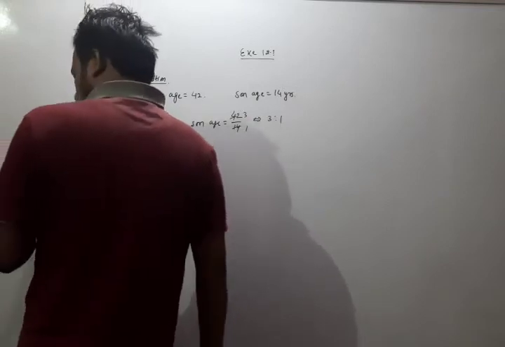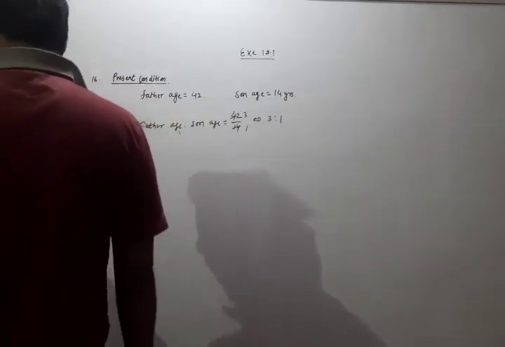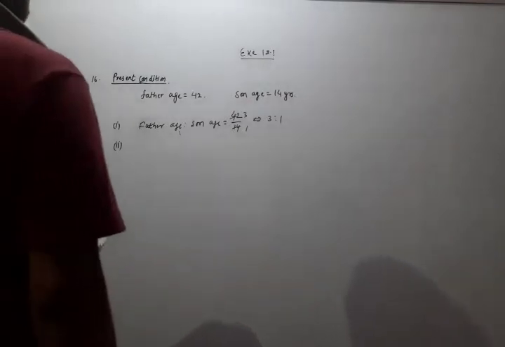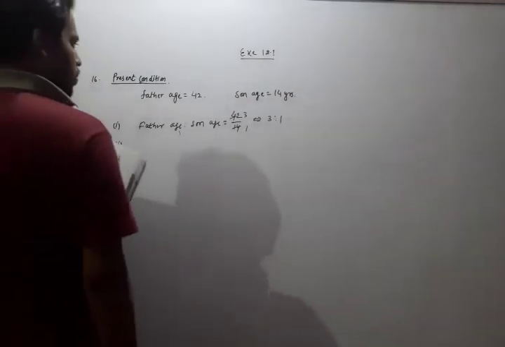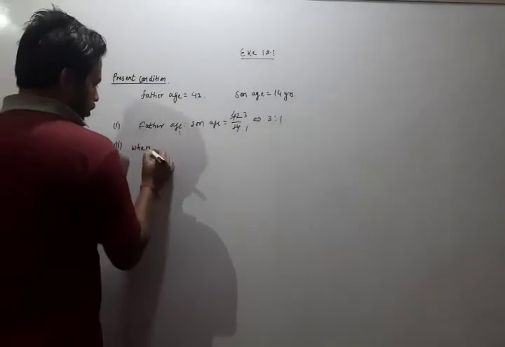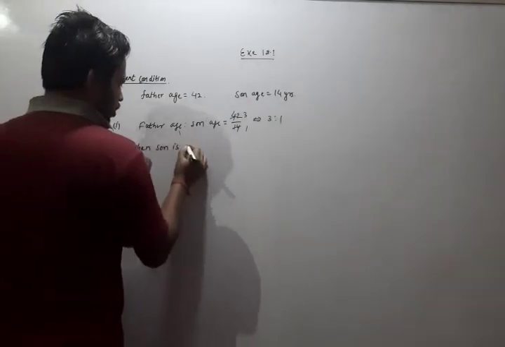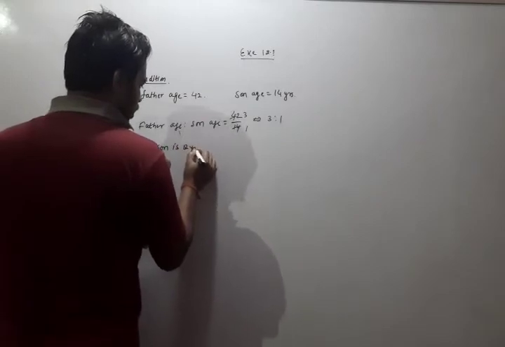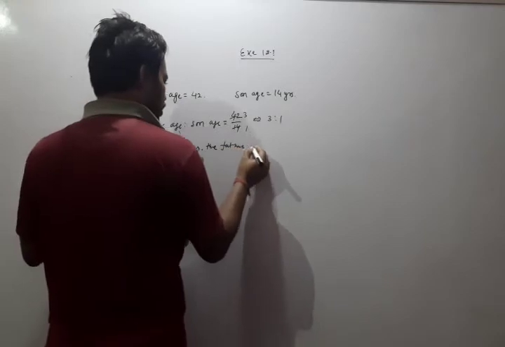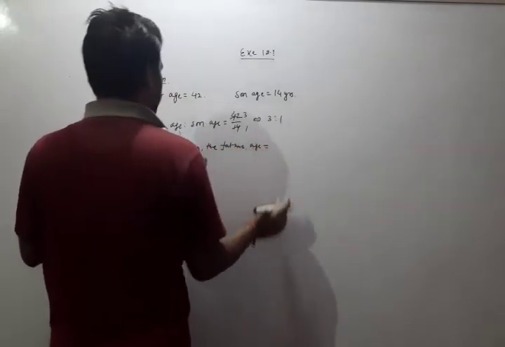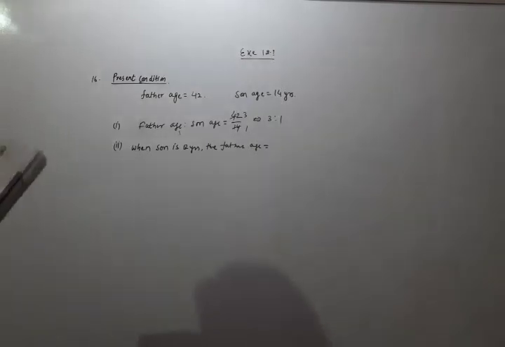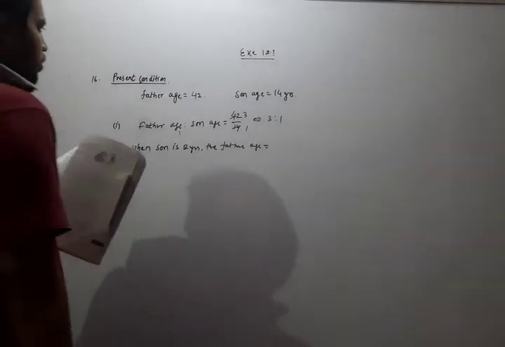Second, age of father to the son when son was 12 years old. When son is 12 years, then father's age will be how much? Here in son's age we are subtracting 2, so in father's age we will also subtract 2.